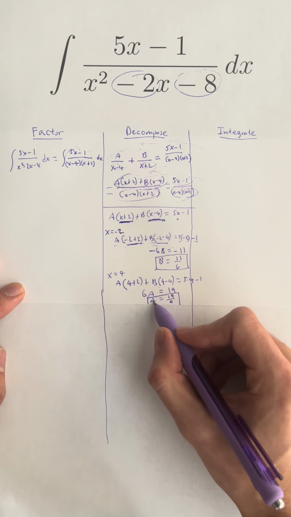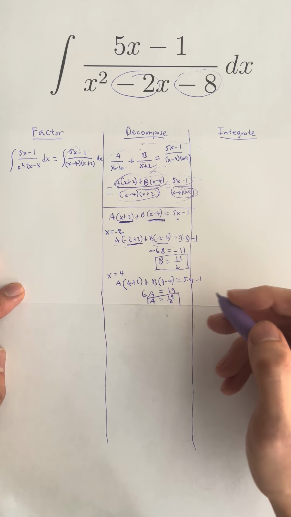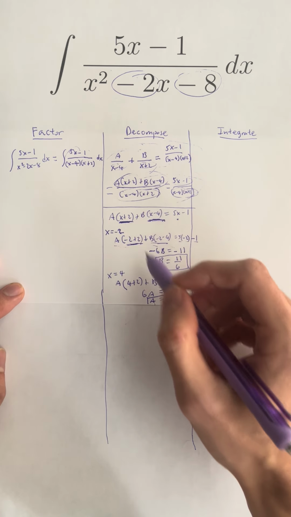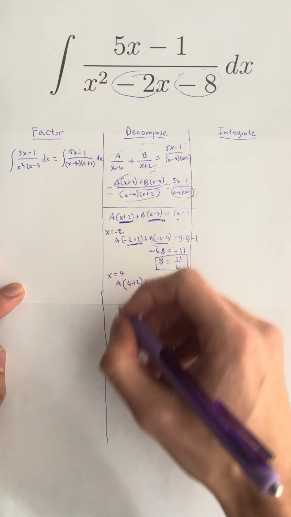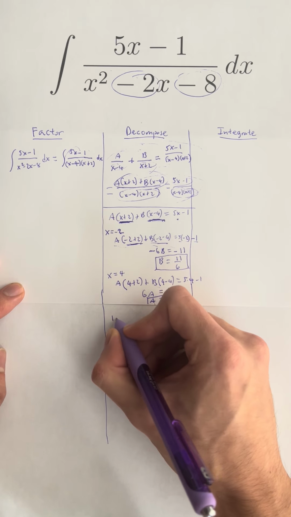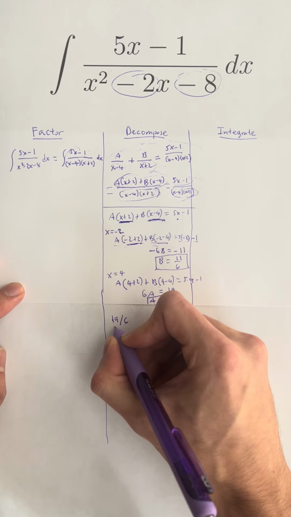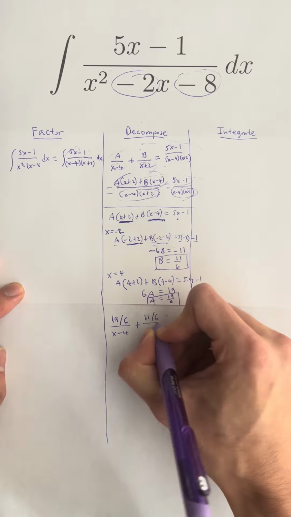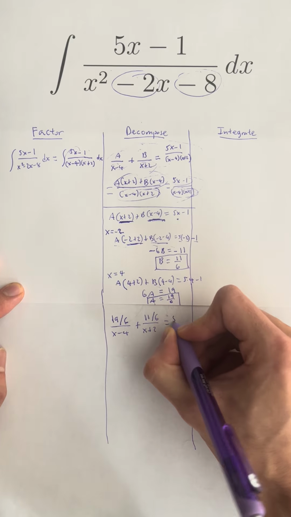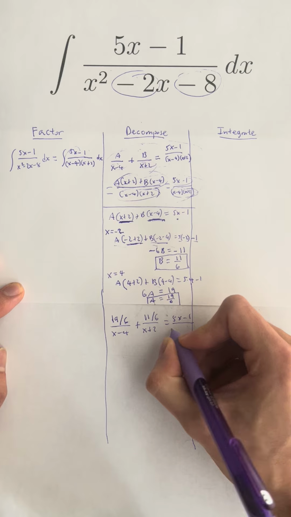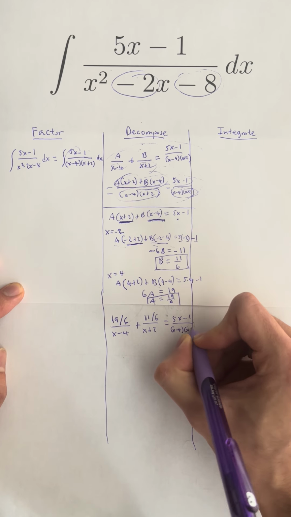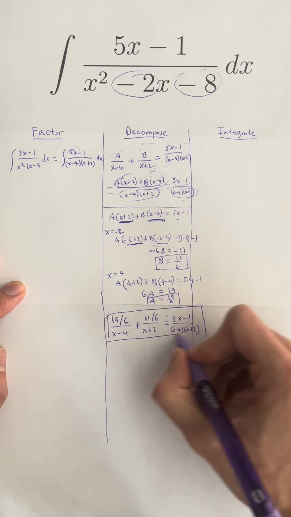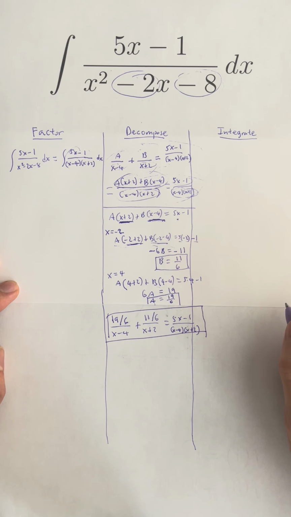Okay, so we know that A is 19 over 6, and B is 11 over 6. Okay, so let's go ahead and change this equation.